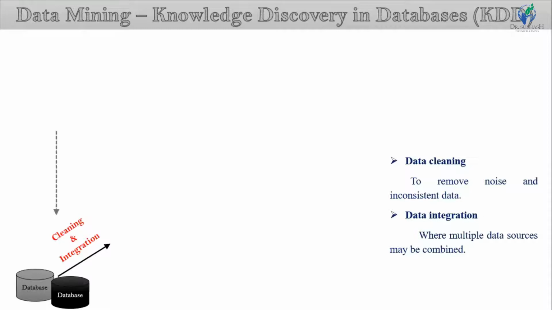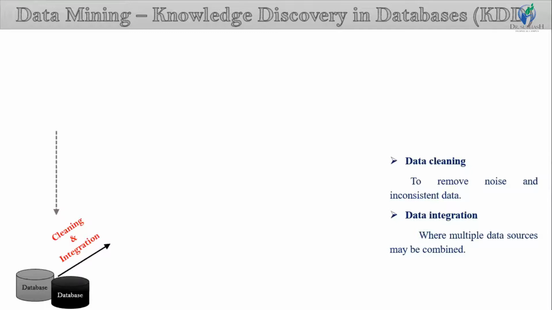In loose coupling, data only remains in the actual source database. In this approach, an interface is provided that takes a query from the user and transforms it in a way the source database can understand, and then sends the query directly to the source database to obtain the result. So this is how data integration works.